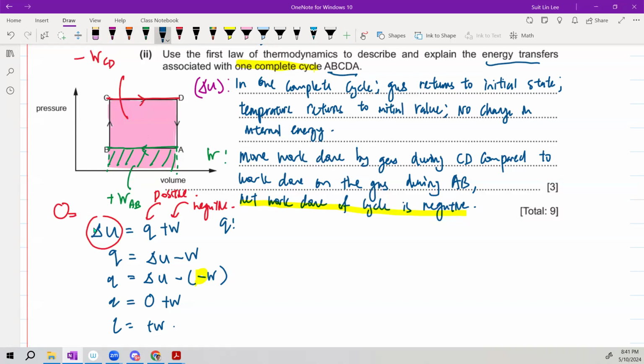Or you can rearrange, like what I did. They are both fine. So for here, I'll say something like, from here, your Q is greater than 0, or your Q shows that there is a thermal energy transfer, or just simply energy transfer into the gas system.